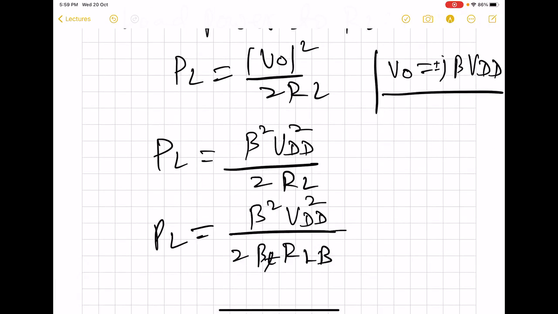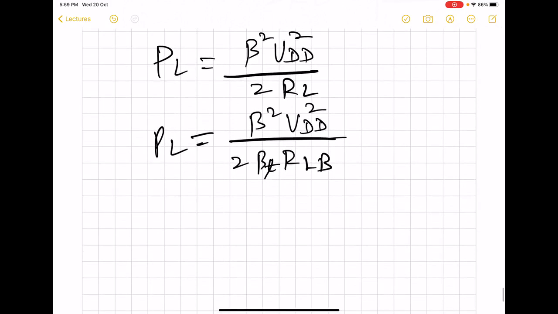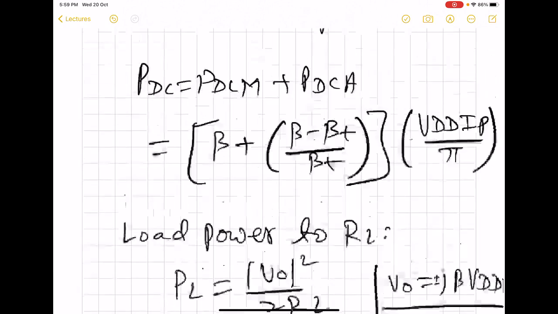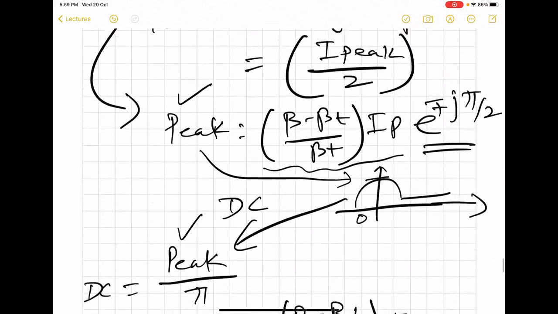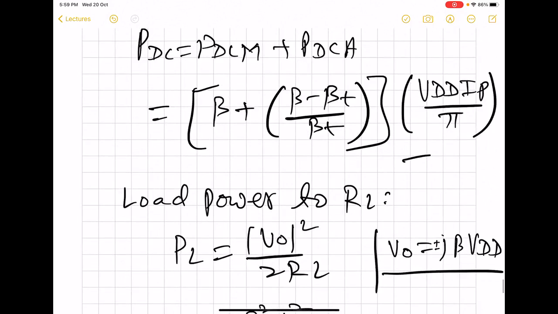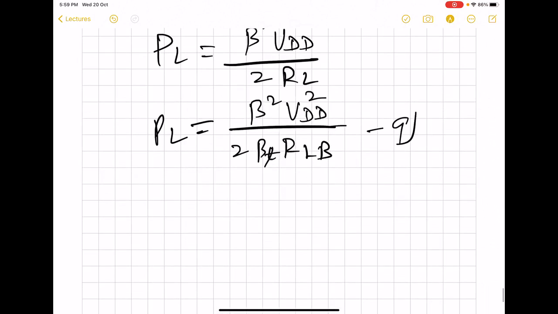So this is the load power. So we can call this equation 8. This is equation number 9.